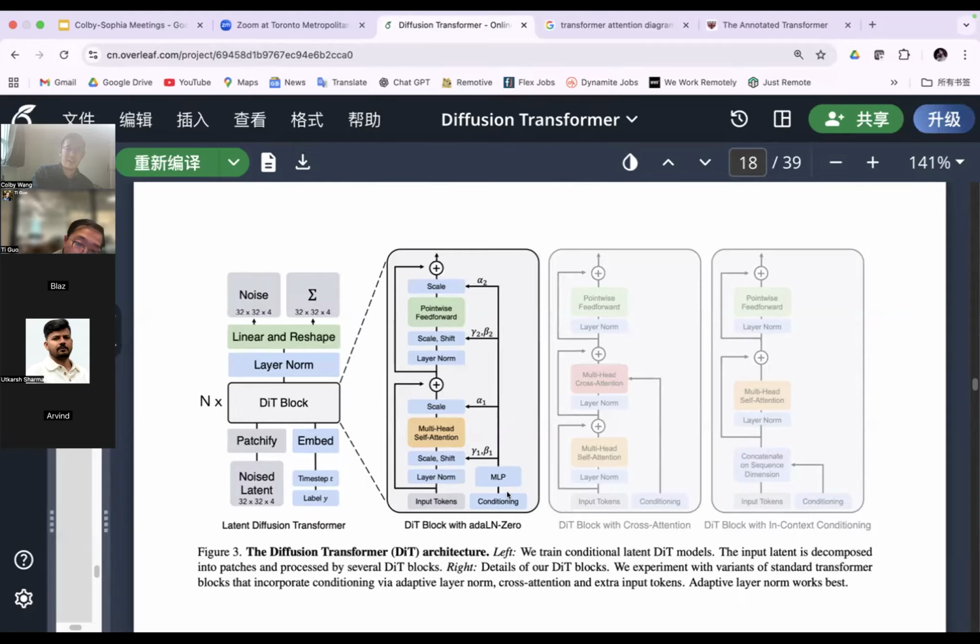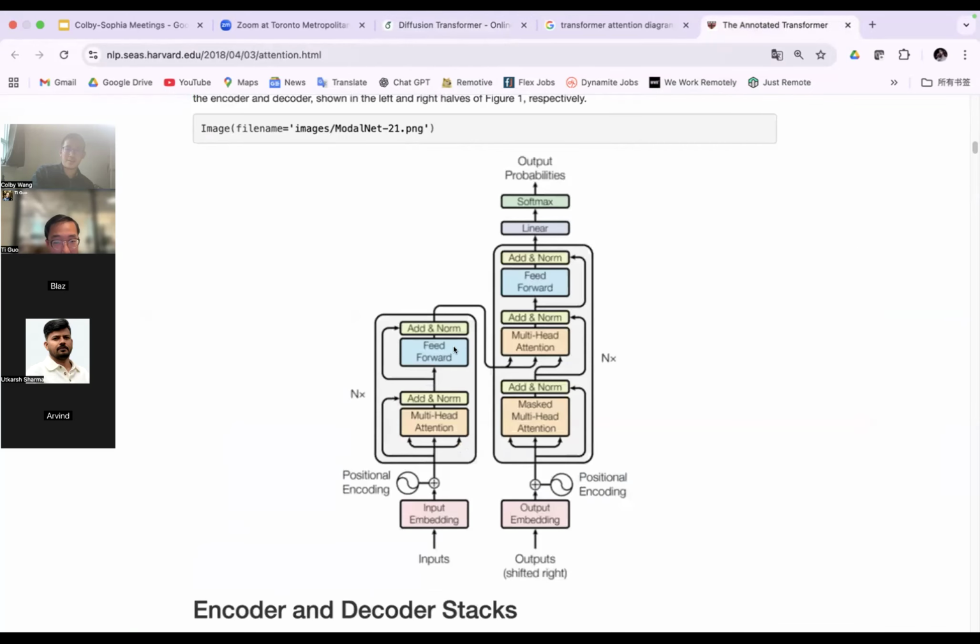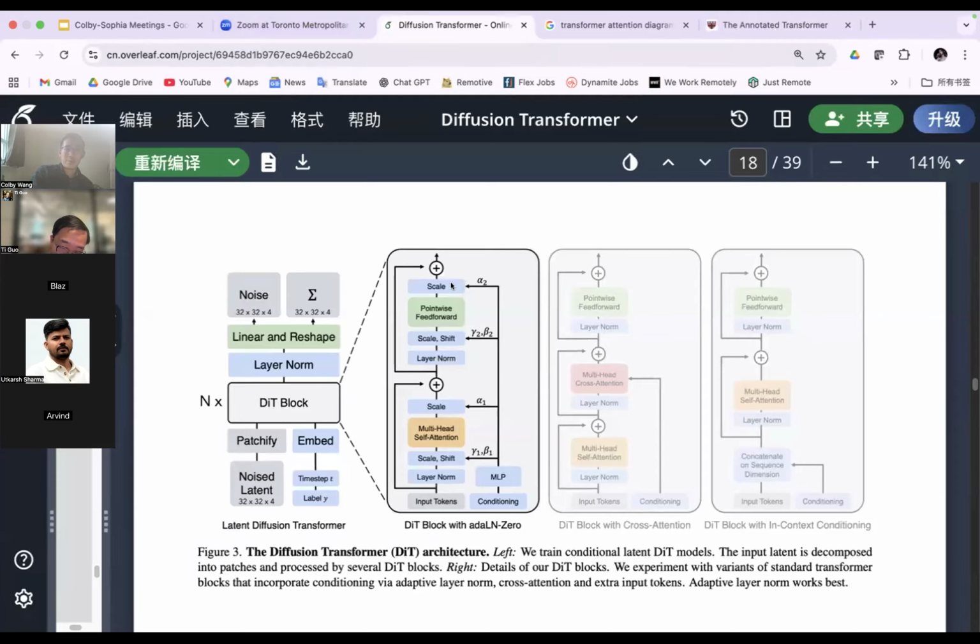It is actually a ViT block, although they name it DiT. It looks just like a transformer, pretty much the same, with just the left half, the encoder.